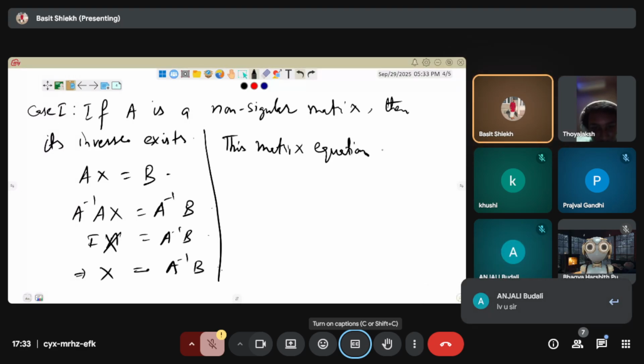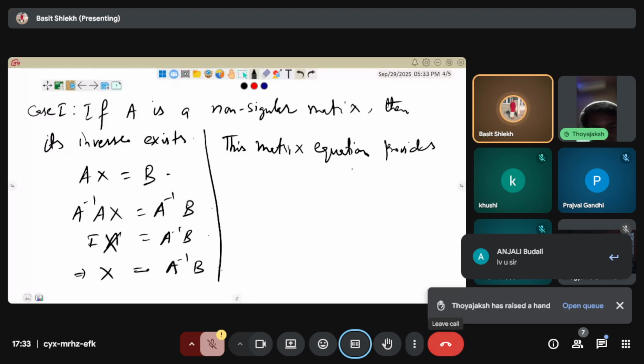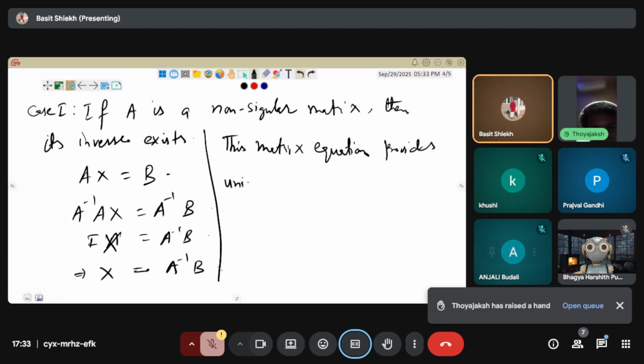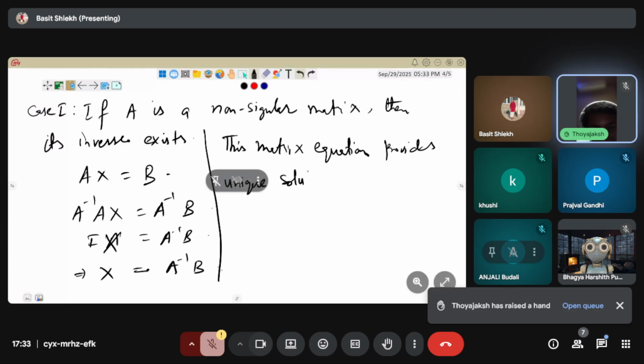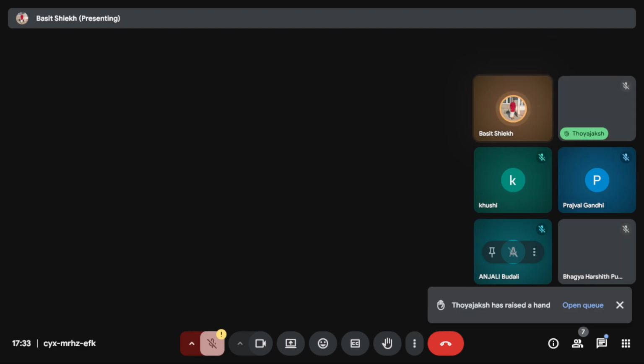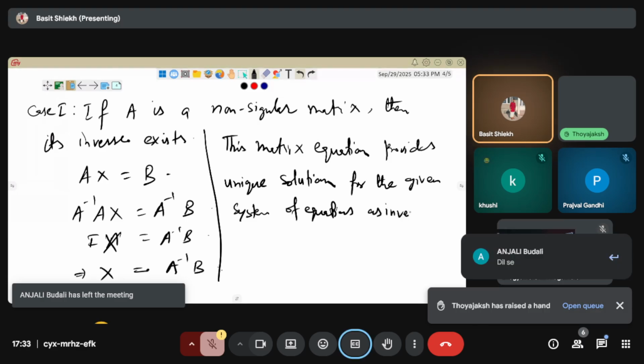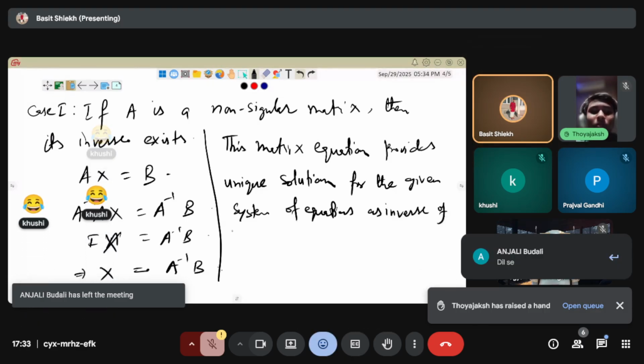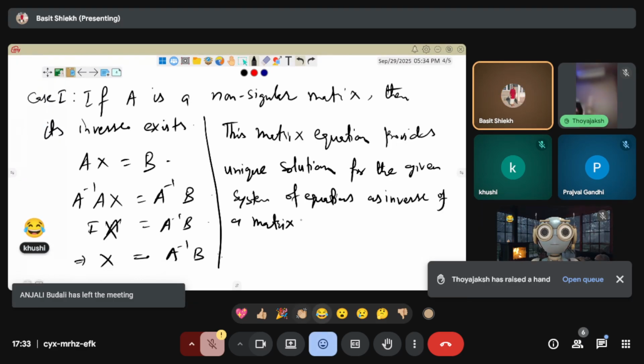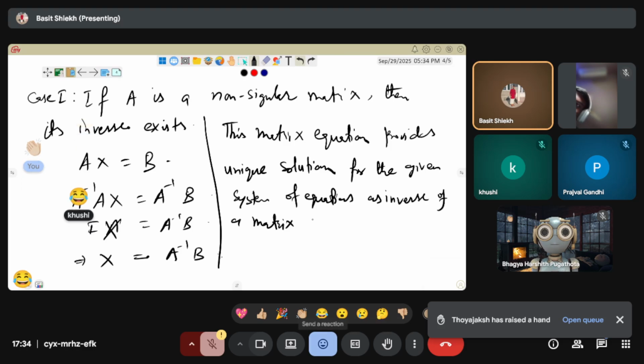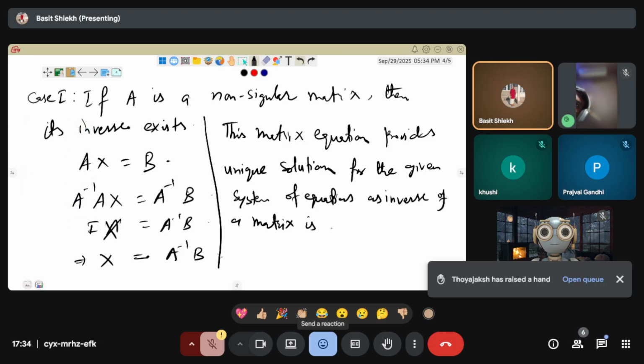This matrix equation provides a unique solution for the given system of equations, as the inverse of the matrix exists.